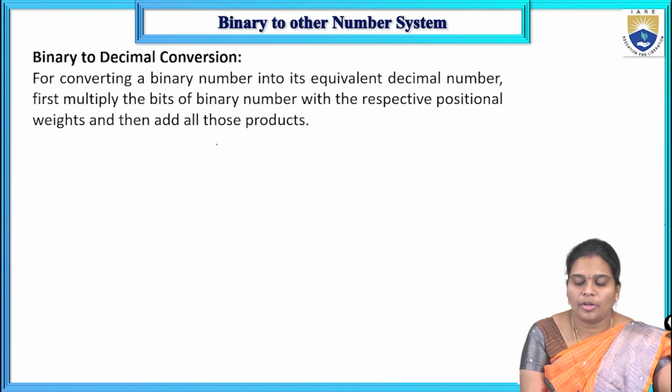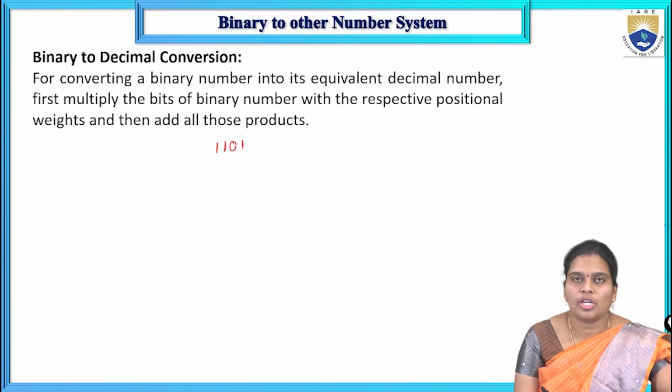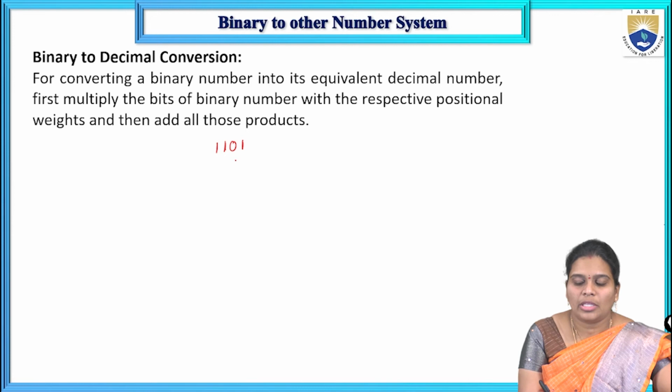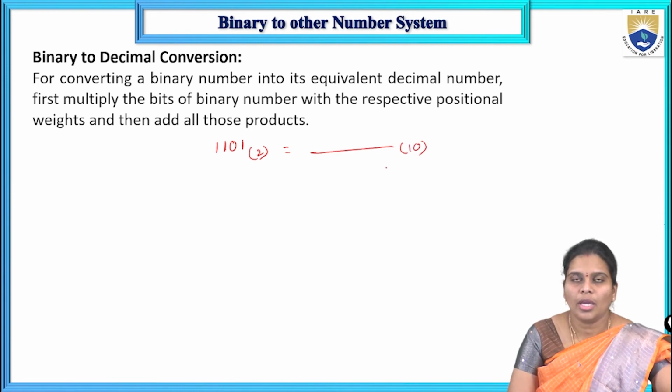In this binary to decimal conversion, we are multiplying the values with respect to the position weights. So this is the binary value 1101, and I want to convert it to decimal. We already discussed this topic in number systems. Depending on the weight of the positions, we multiply the values and then add them all.